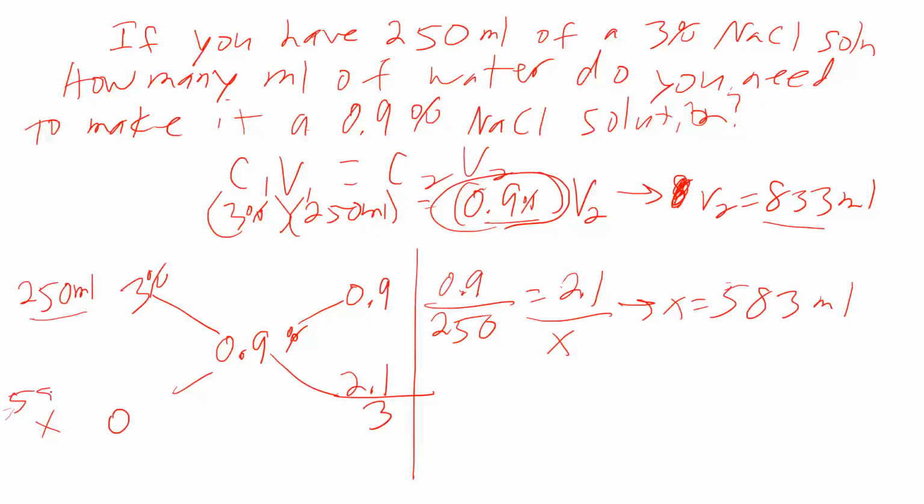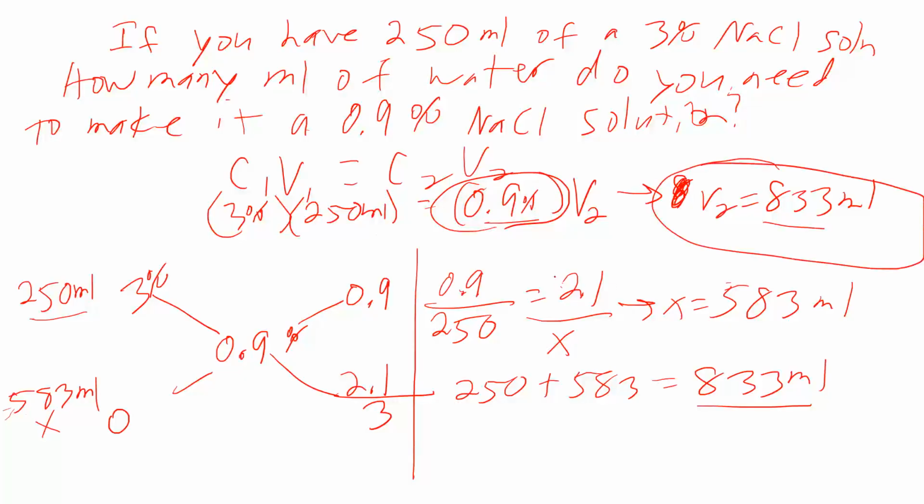So right here, we know that there's 583 mils of water, 250 mils of the sodium chloride solution, the 3%. If you add these together, you have 250 plus 583. You should get 833. 250 plus 583 is 833 mils. And it checks out.